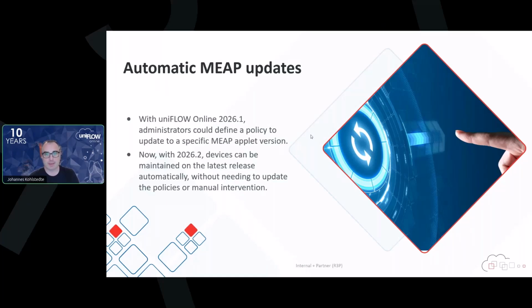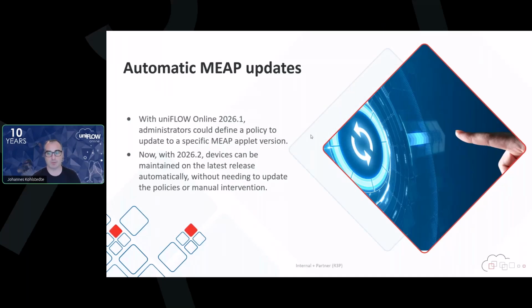The automatic update, as said, is automatic and doesn't require any manual intervention or policies to be adapted. It's running by itself. You might think that my customer might not want to have the updates in place right away. I want to wait.